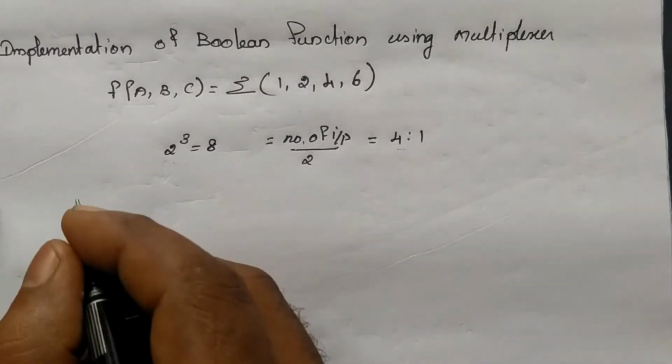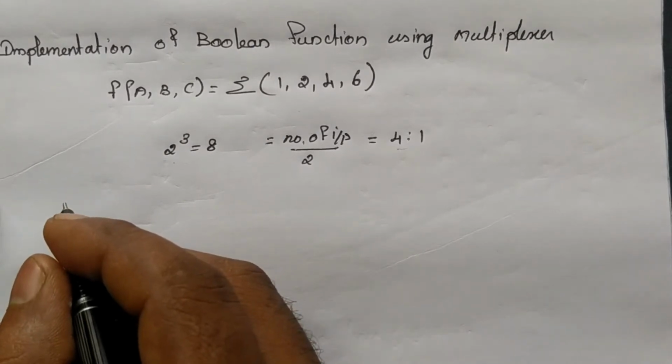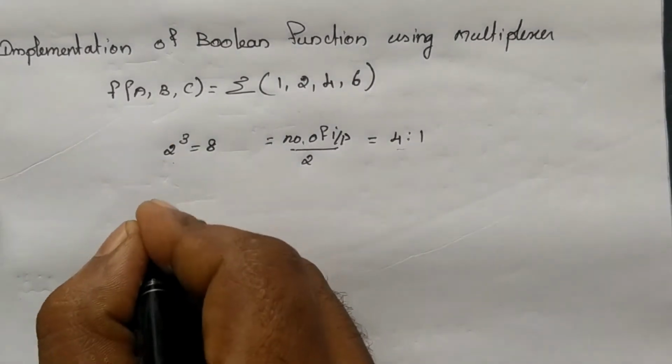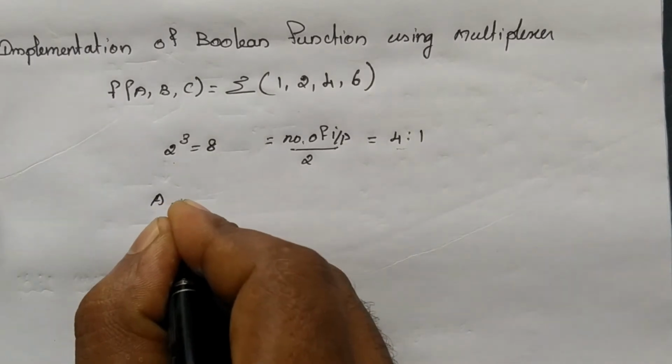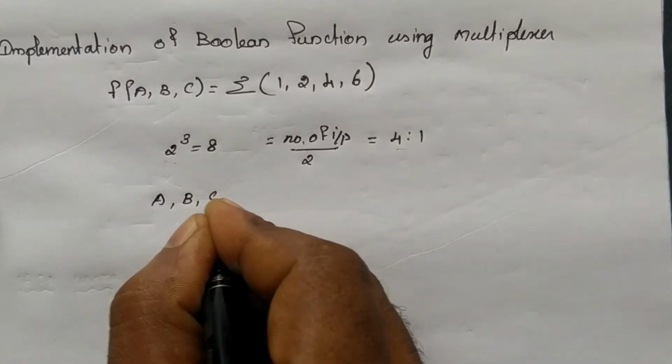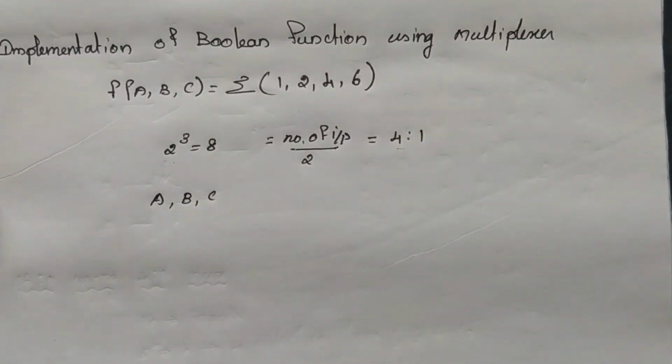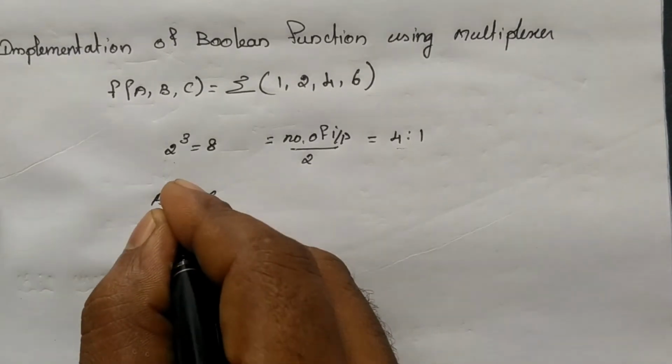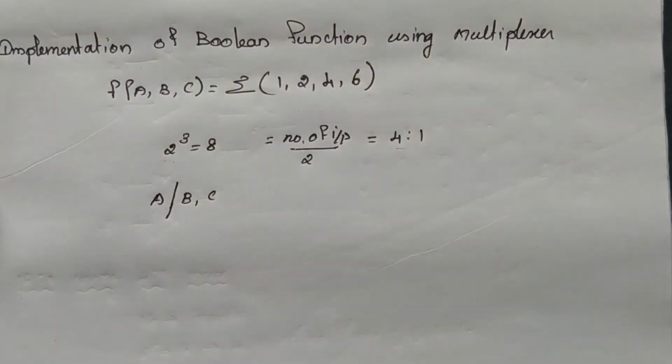After that we need to find the selection lines. For example, here the input variables are a, b, c. We need to divide them into 2. The first variable we consider as an input, and the remaining variables we consider for selection lines.